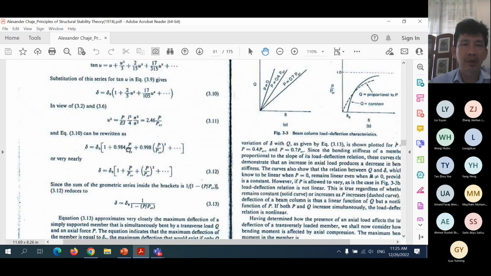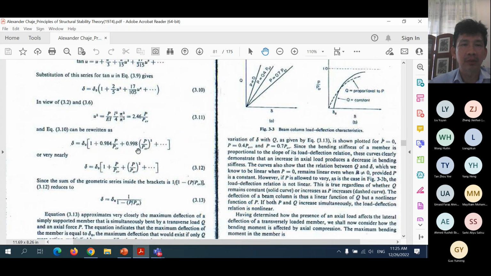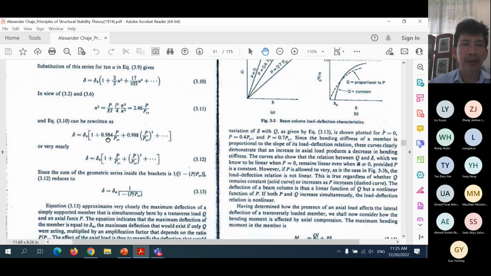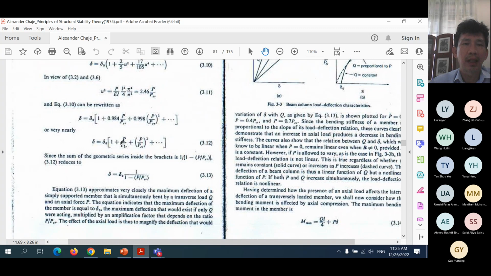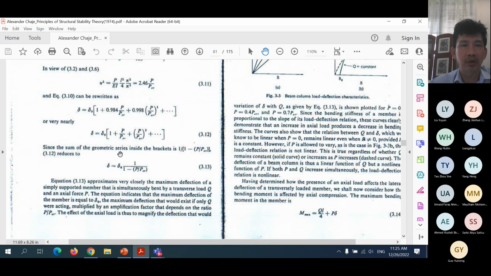But we show only 2 terms, and there are many, many terms here. Then this one here is approximated. Make this equal to 1, so very nearly equal to this. And when we look at these terms in the bracket, this is actually the geometric series expansion of these terms here. So that's why we come to this equation 3.13.